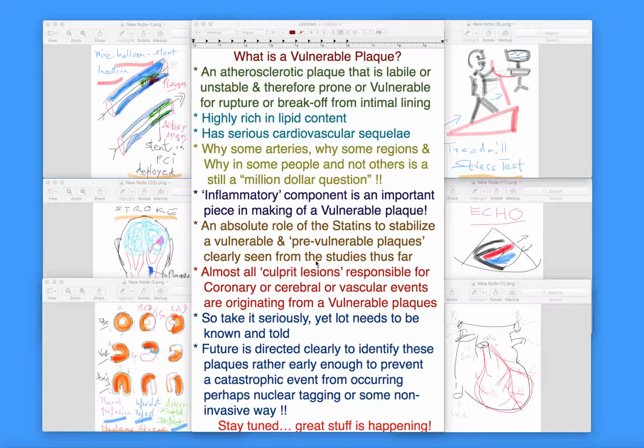That's where the major interest and focus is, because you can significantly improve survival in those individuals if we can identify those vulnerable plaques in those who die rather suddenly or have a coronary event, or a cerebral event, which may be irreversible at a certain point.